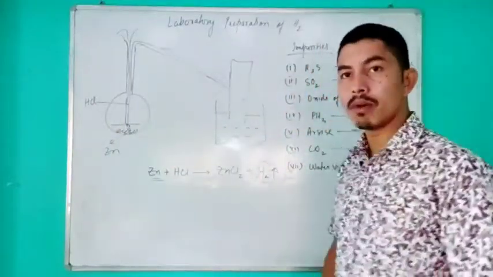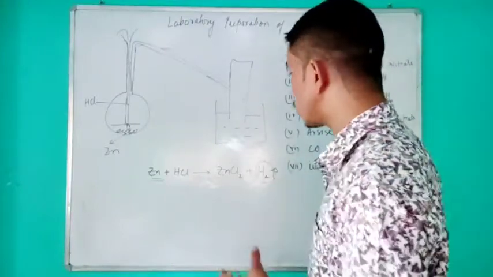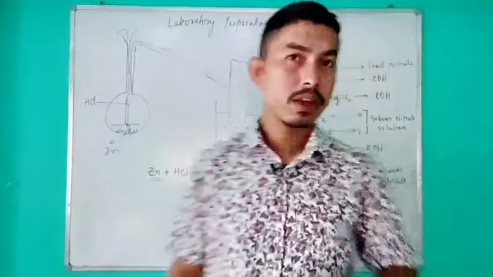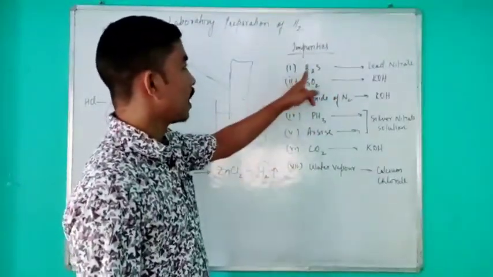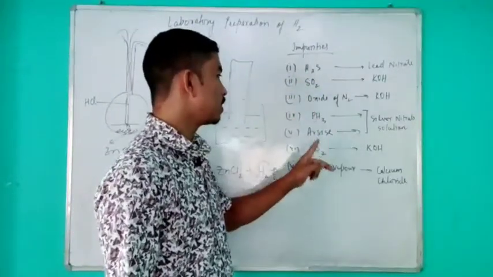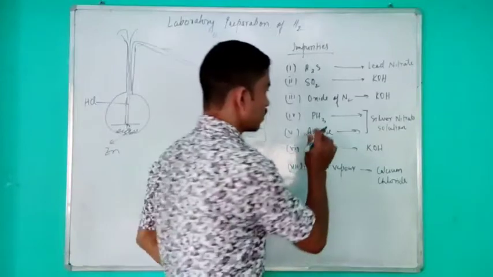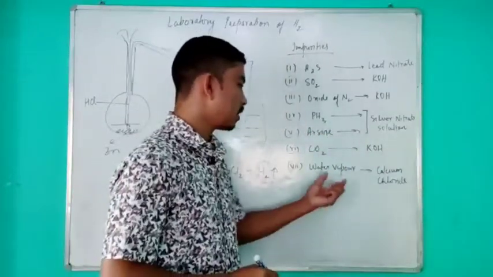The 7 impurities produced are hydrogen sulfide, sulfur dioxide, oxides of nitrogen, phosphine, arsine, carbon dioxide and water vapor.